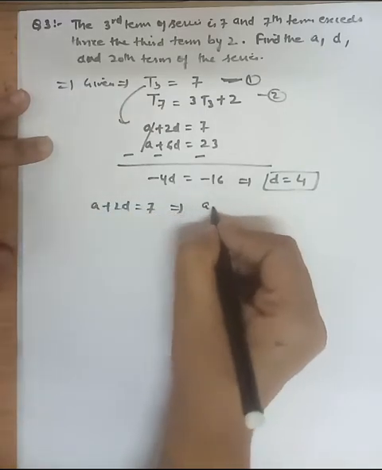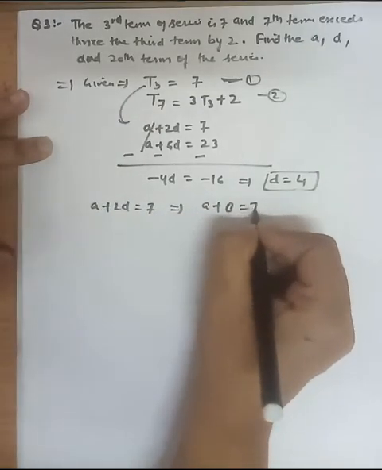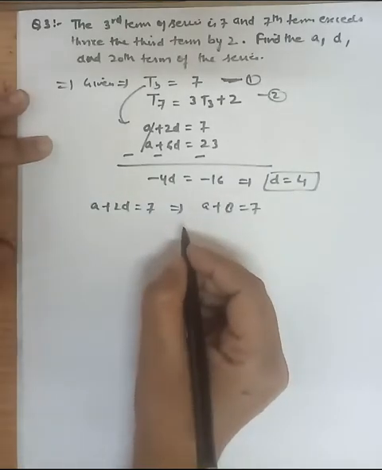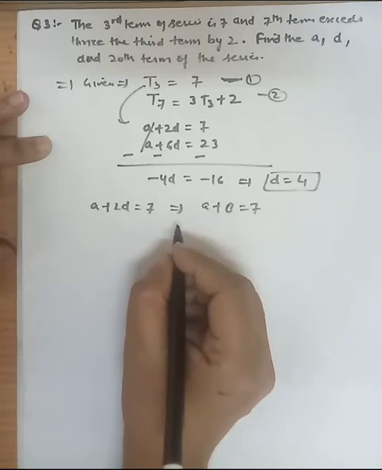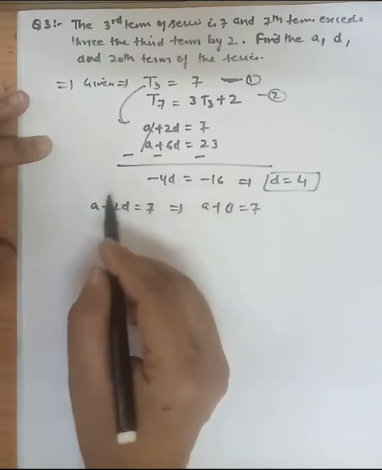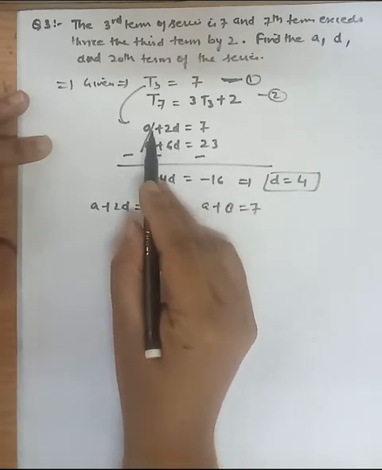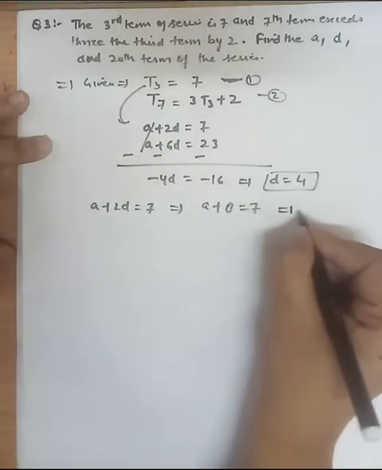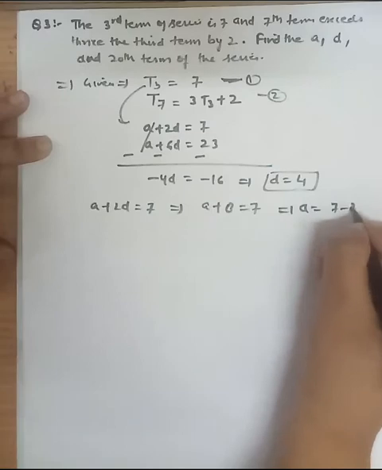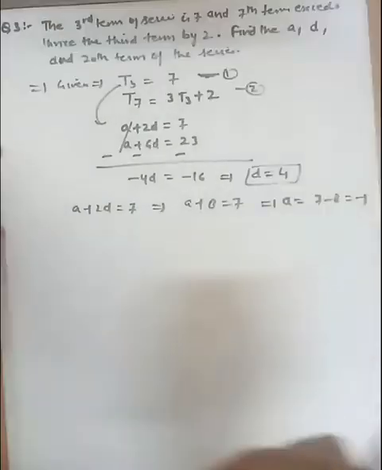A plus 8 equals 7, so A equals 7 minus 8, which is minus 1.